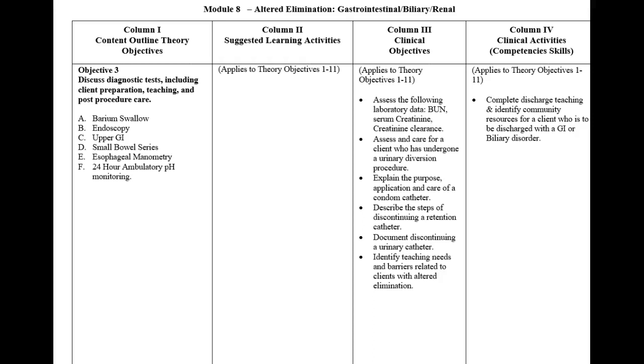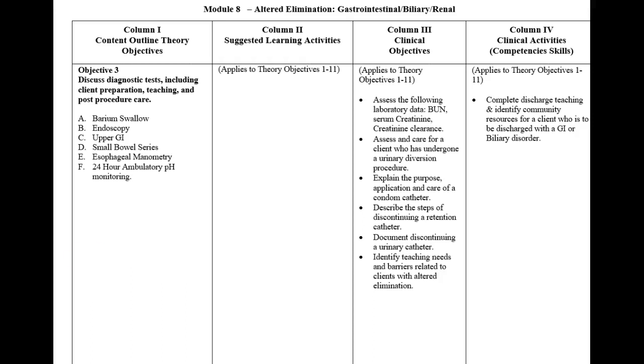As we talked yesterday about different diagnostic tests, we talked about barium swallow, endoscopy, GIs, all of these tests here. I also supplied you in class with some videos. So I will try to incorporate those videos in this lecture, or if not, at least give you the links to the videos so you can see them.